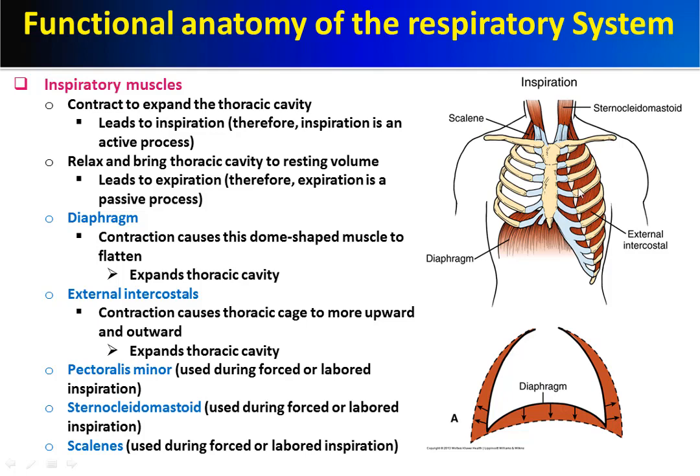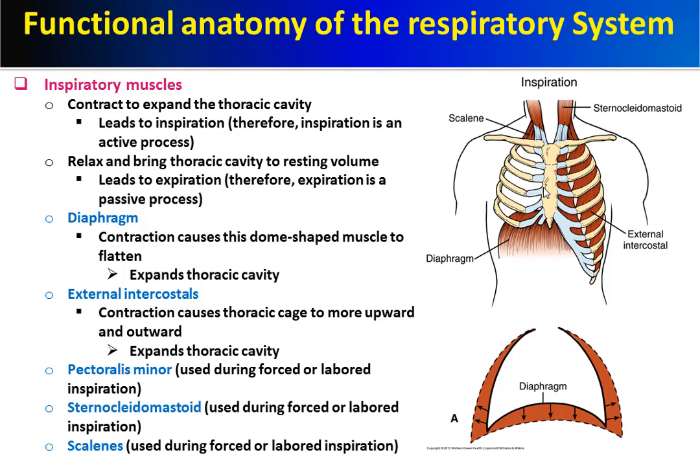And we have muscles here between the ribs known as the external intercostal muscles, or external intercostals, and when these muscles contract, they move the chest cage up and out. So they expand the thoracic cavity in the transverse dimension and in the anteroposterior dimension. These are the main inspiratory muscles, the diaphragm and the external intercostals.